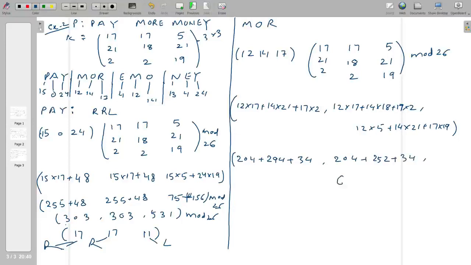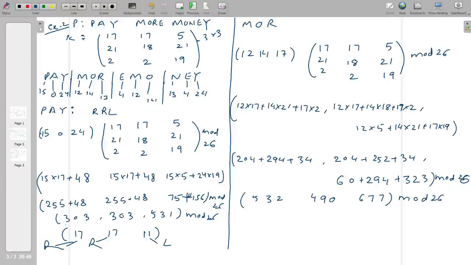Now 12 into 5 is 60 plus 14 into 21, which comes out to be 294, and the last one is 17 into 19, which is 323, and it is a mod 26 operation. So when we add all these things, this is going to be 532, this is going to be 490, and this is going to be 677, and it is a mod 26 operation.